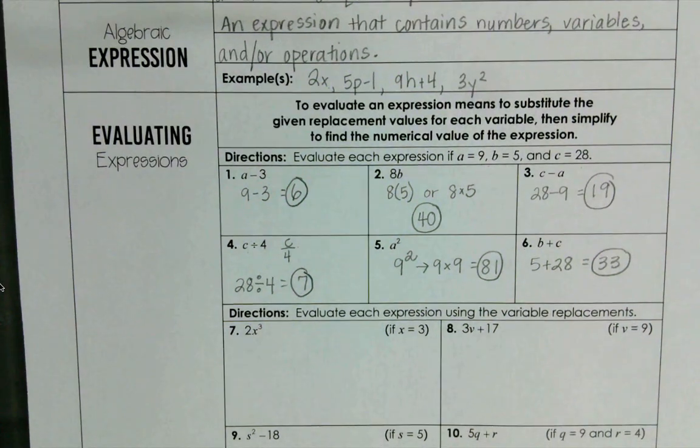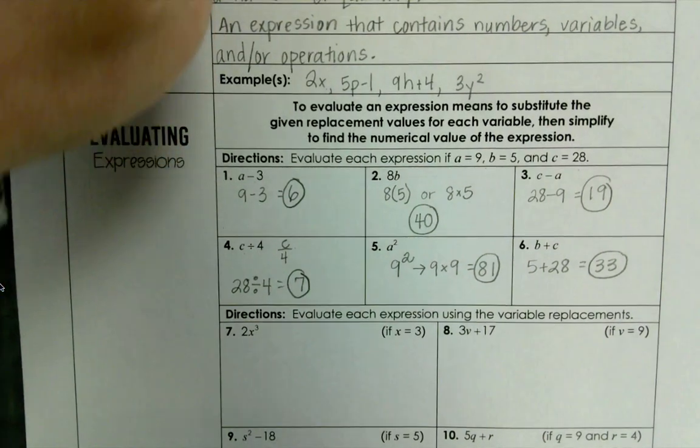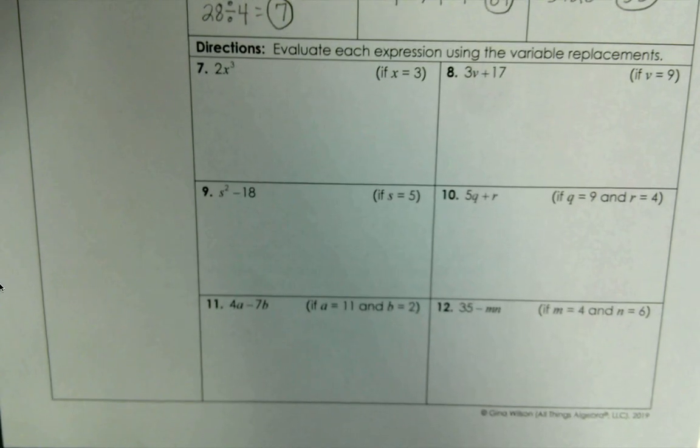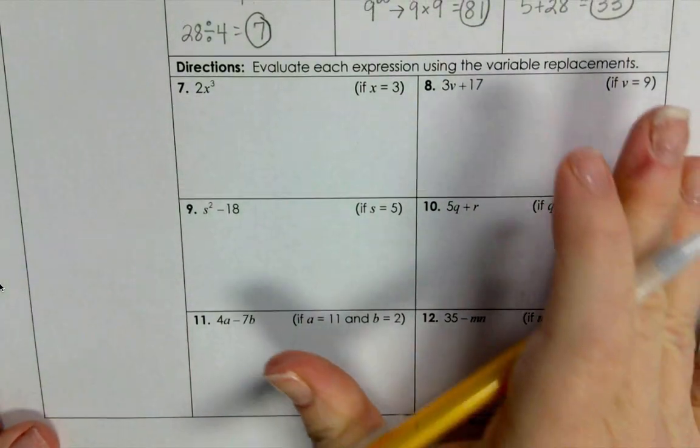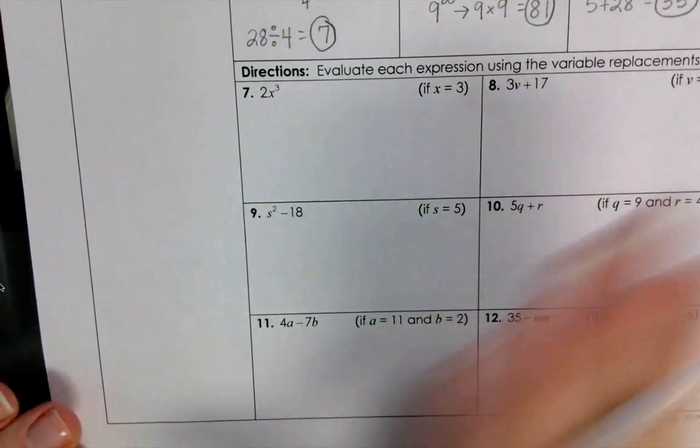Okay. Now, we're going to move down to 7, 8, 9, 10, 11, and 12. Now, we have more than one step, so I'm going to write our order of operations right here to remind ourselves.